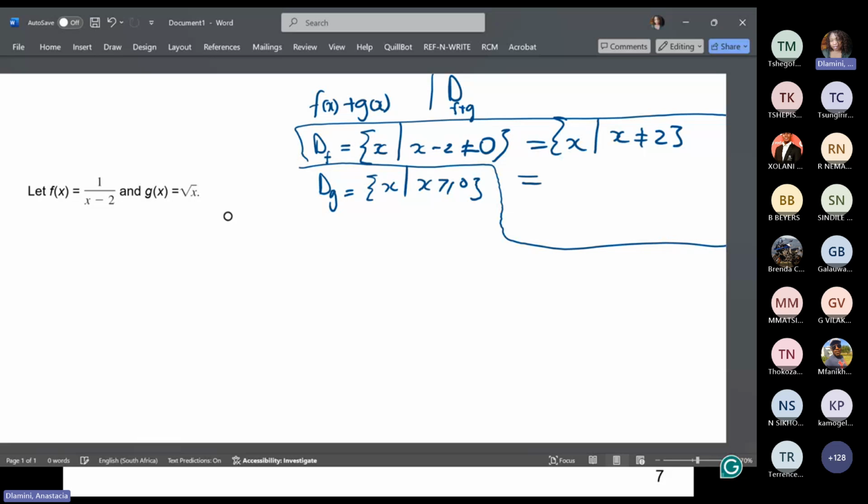So this is equal to square bracket 0 and comma 2, and then normal brackets. 0 and 2.